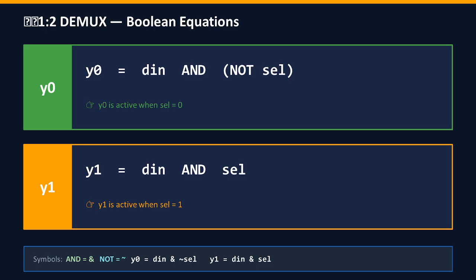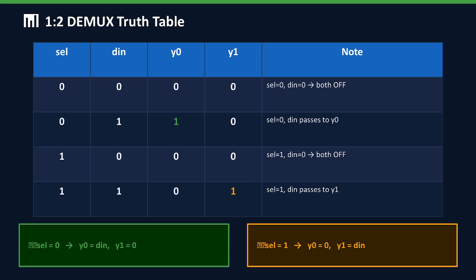So what we have changed, we have applied NOT to the select. When you apply NOT to the select, if select is 0 and D in is 0, select becomes 1, and 1 AND 0 will become 0, right? Now this equation is solved. For now you have 0 1.